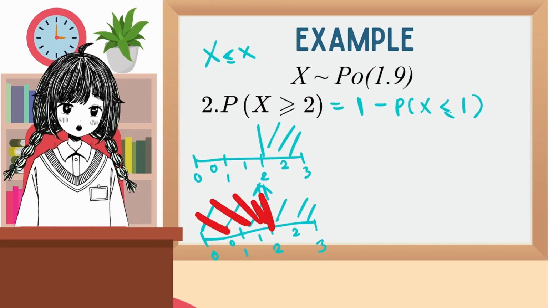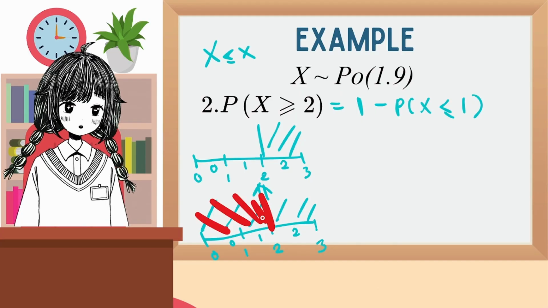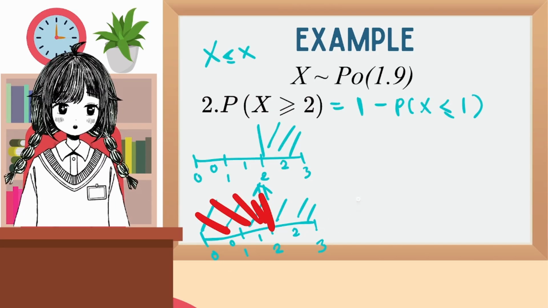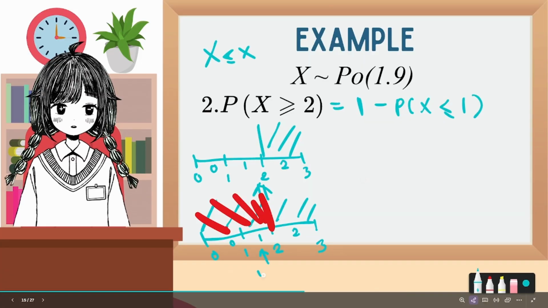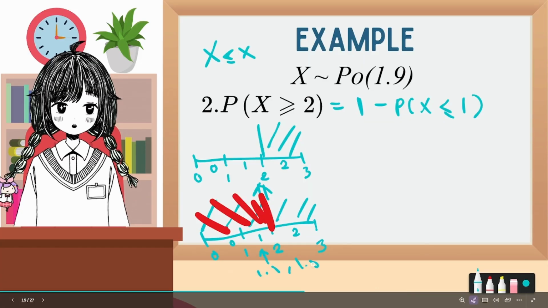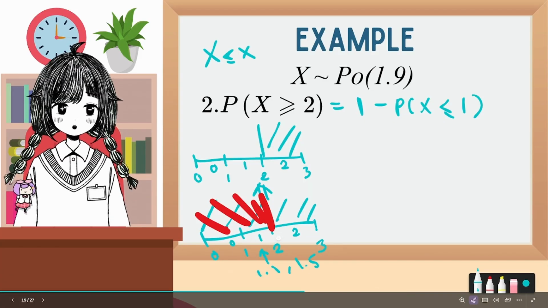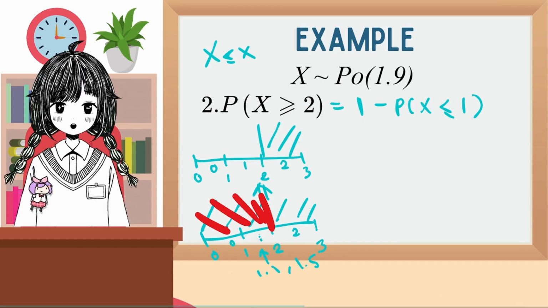Why 1? Since Poisson is discrete, there are no numbers in between, like 1.1 or 1.5 between 1 and 2. So we consider this as 1.